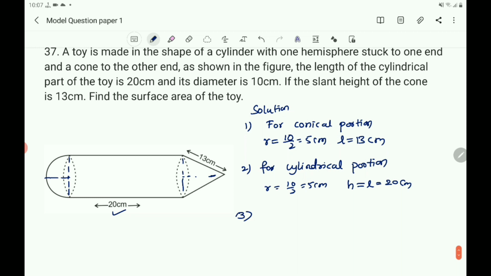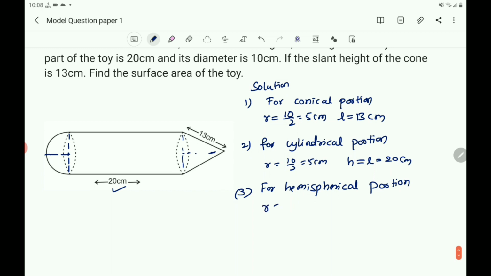And for spherical portion, this is the spherical portion, that is hemispherical portion. For hemispherical portion R is same, that is R equals 10 by 2 equals 5 centimeter.